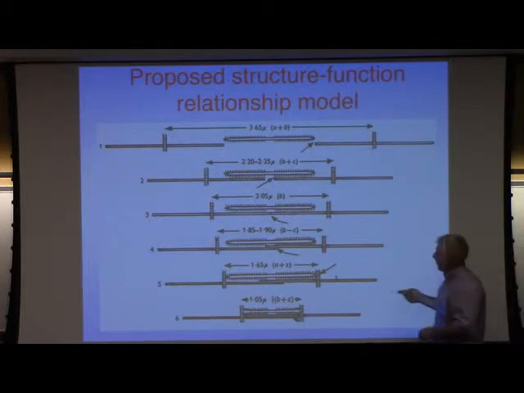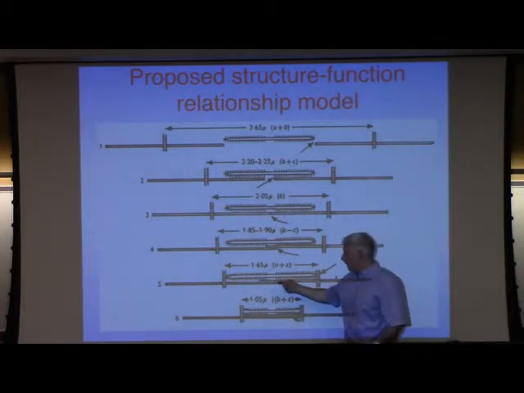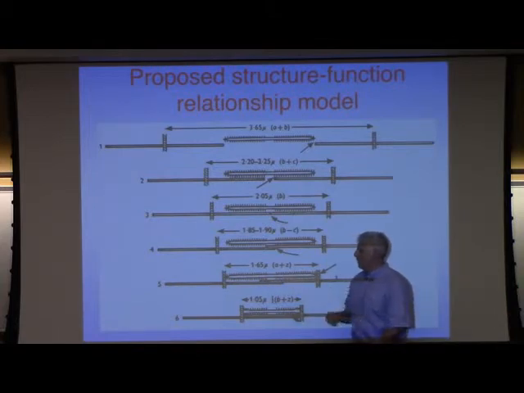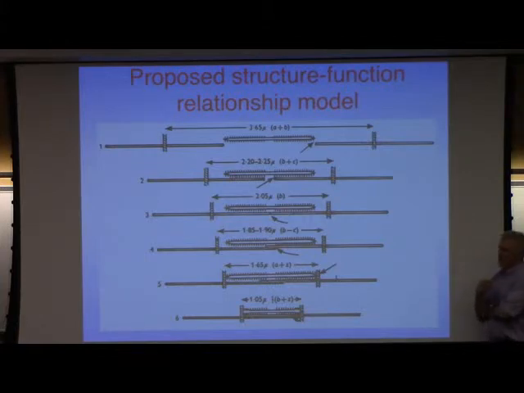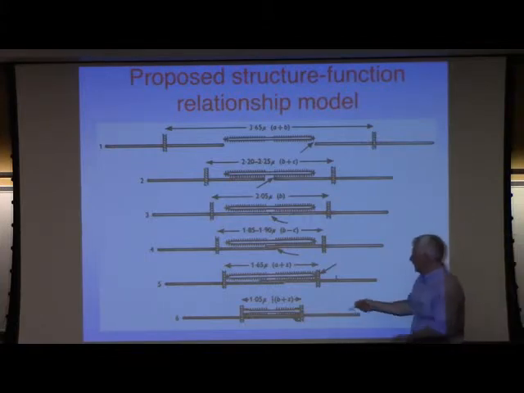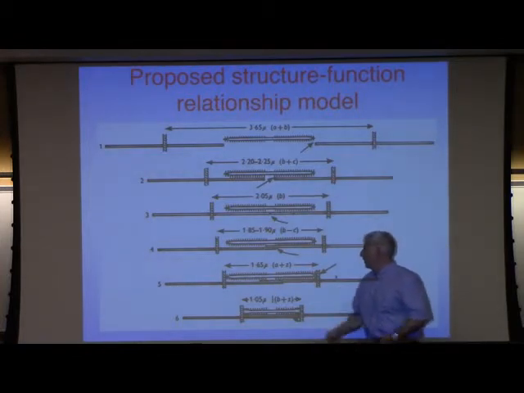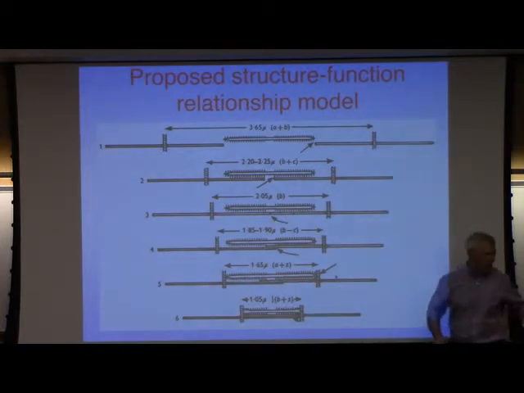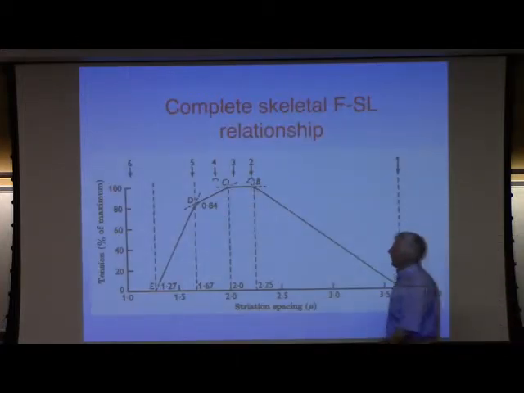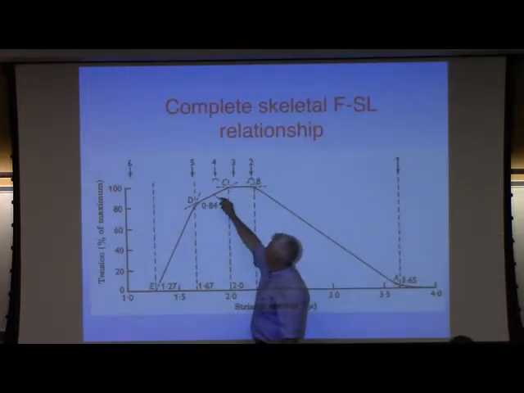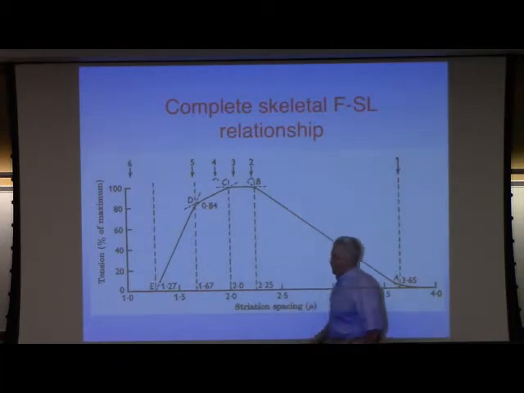Now what happens here is you get a double overlap. The thin filaments are crossing over, and in this region we think that myosin can't form an effective force-generating cross bridge. So you begin to lose these cross bridges, you have fewer cross bridges, and that takes us down, so now we're losing force in that region.